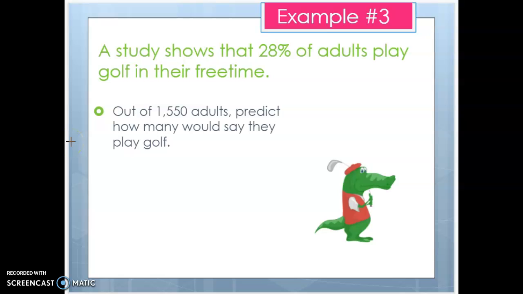Example 3, so a study shows that 28% of adults play golf in their free time. Out of 1,550 adults, predict how many would say they play golf. So 28%, so that means 28 would go over 100, and that equals x over 1550.